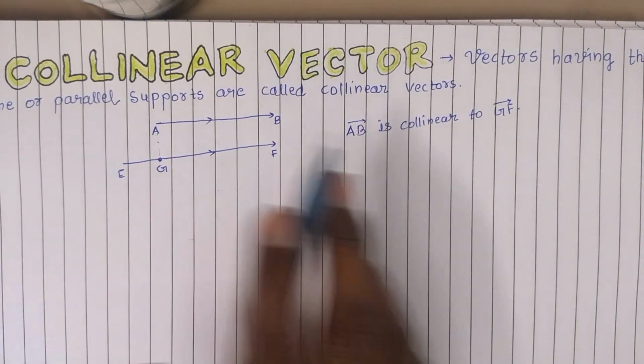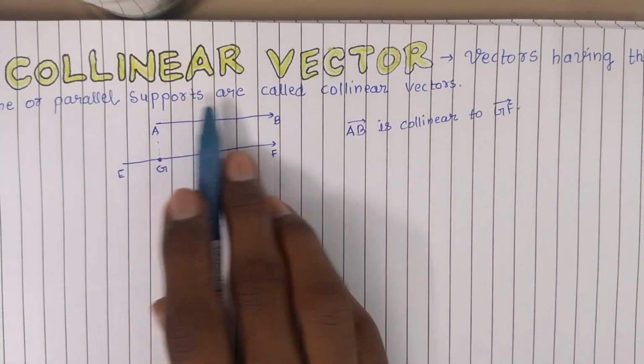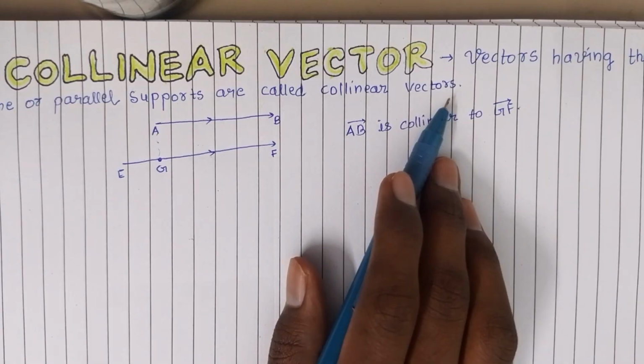This is what I'm telling about collinear vector. Vectors having the same or parallel supports are called collinear vectors.